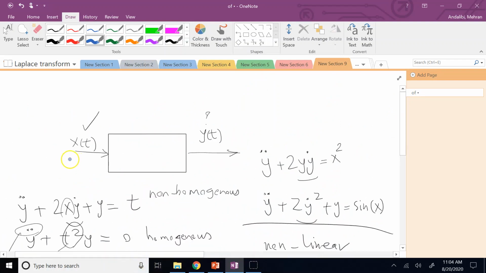So if I know the input in time, or equivalently, I know the input in the s domain, and I know the relation between output and input, or the ratio of output and input, G(s), which in this case is s plus 1 over s squared plus 2s plus 3, then I can find Y(s). And so when I know Y(s), I can find y(t), okay?